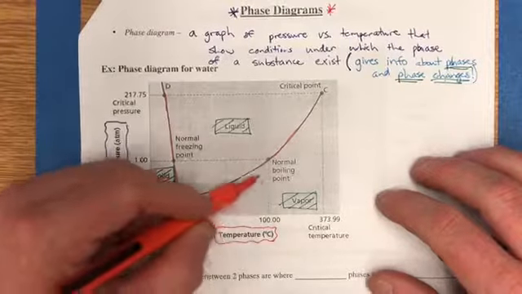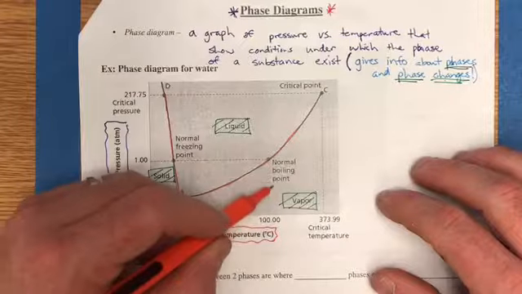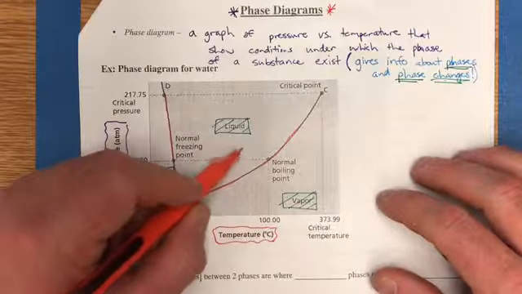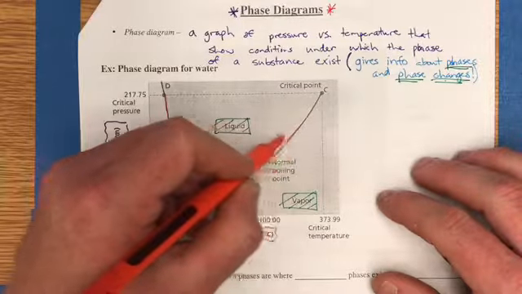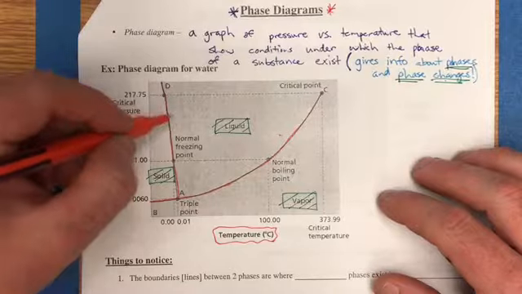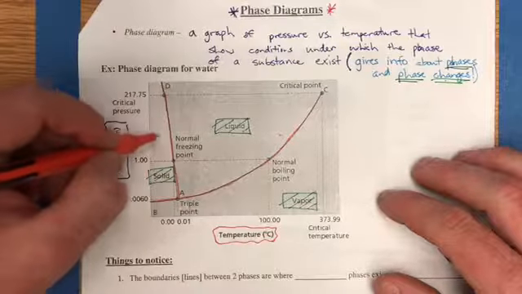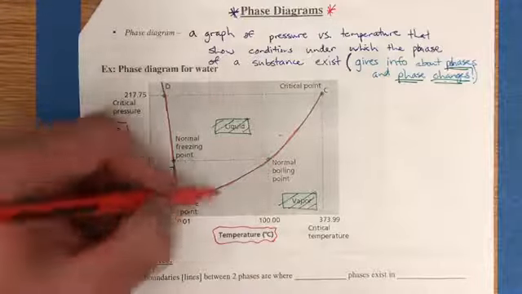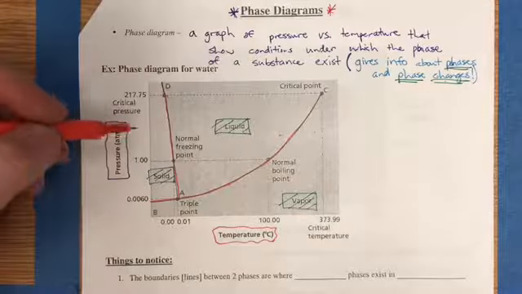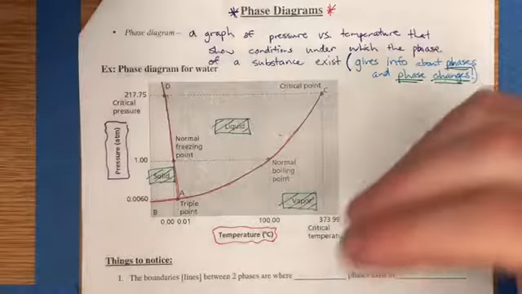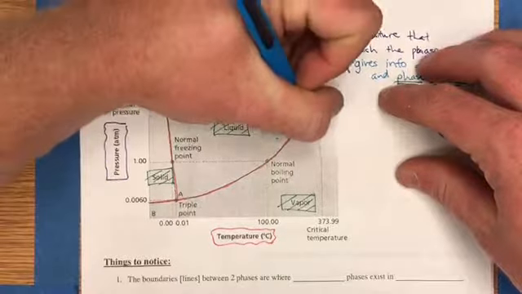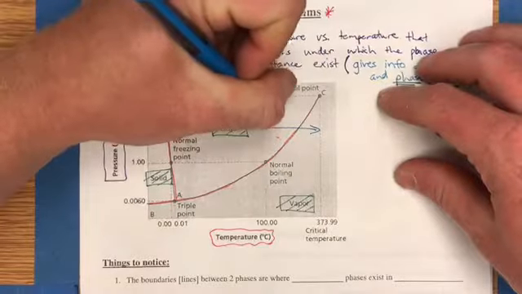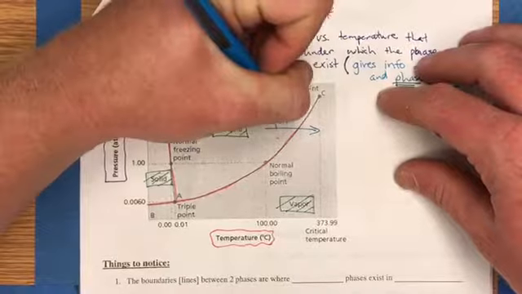As you go across this line, you're going from a vapor to a liquid. And as you go across this line this way, you're going from a liquid to a vapor. And if you go this way, you're going from liquid to solid and then solid to liquid. So these lines show us where the phase changes occur. Let's go ahead and label that. So if we go across the line this direction, we are vaporizing.